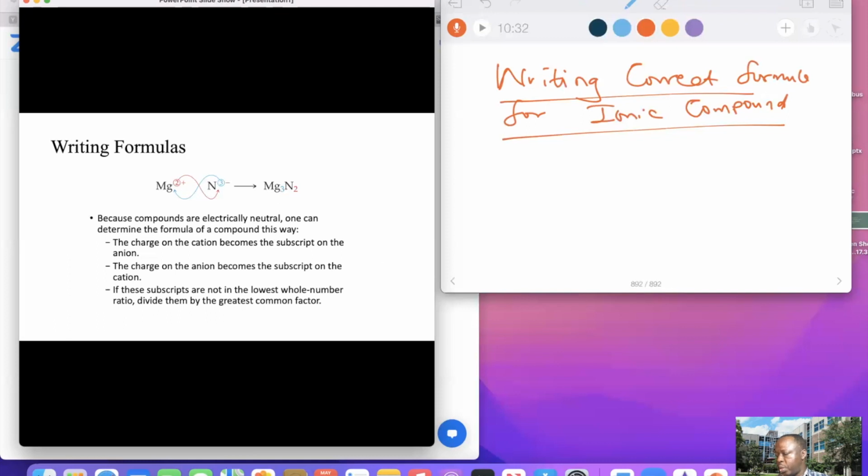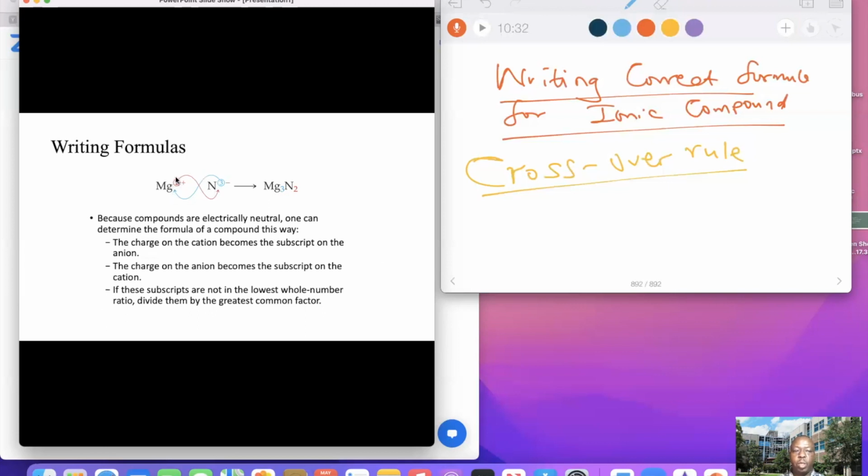What does that mean? If you know the ionic charges, it will be easier for you to do the crossover. You see, these two are crossing over to be the subscript for nitrogen. The 3 crosses over to be the subscript for magnesium.